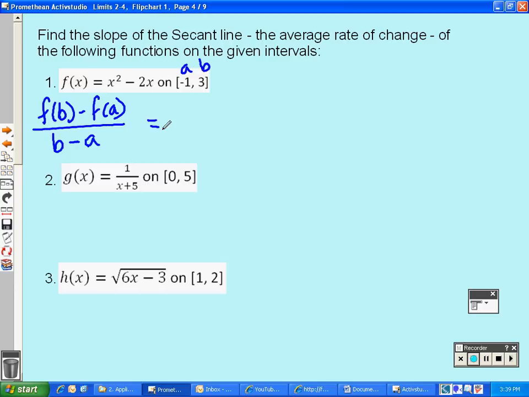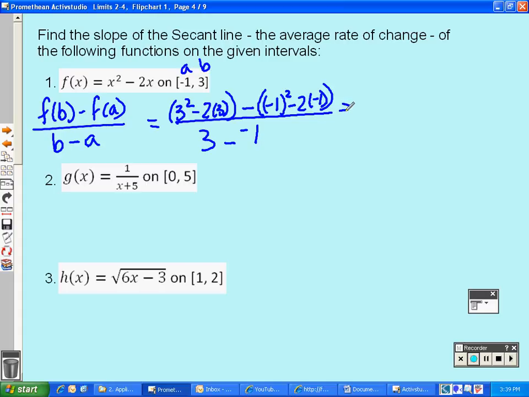So this one's going to be f of b. So when I plug 3 into this equation, I'm going to have 3 squared minus 2 times 3. That's f of b. Minus f of a, negative 1 squared minus 2 times negative 1, all over b, that's 3, minus a, negative 1. Okay, let's just simplify this. 3 squared is 9. 9 minus 2 times 3, 9 minus 6 is 3, I believe.